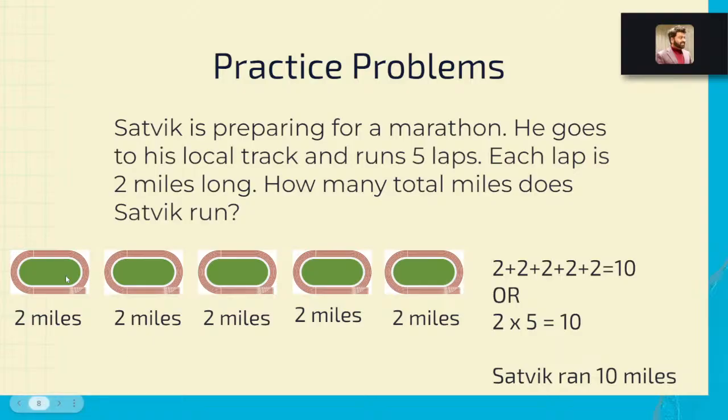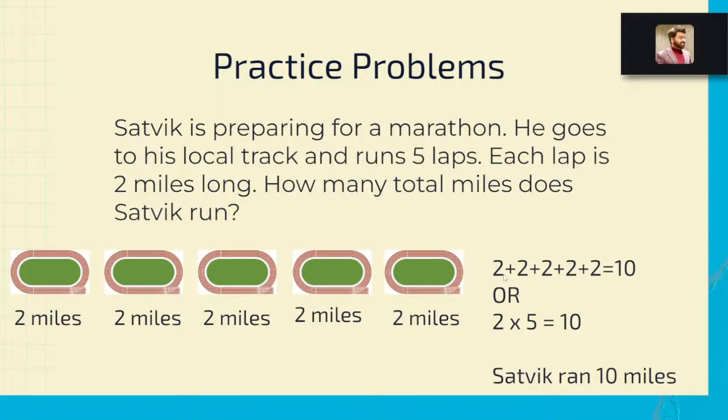And so first, based on the video, what we can do is we can label 5 tracks. I have 1 track, 2 track, 3 tracks, 4 tracks, and 5 tracks. In the question, it says each lap is 2 miles long. If each lap is 2 miles long, then under tracks I wrote 2 miles, 2 miles, 2 miles, 2 miles, and 2 miles. We went over that multiplication is repeated addition.